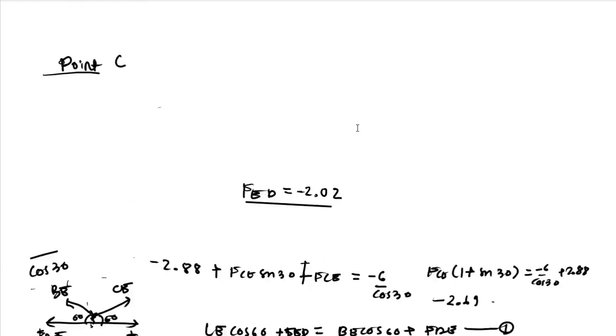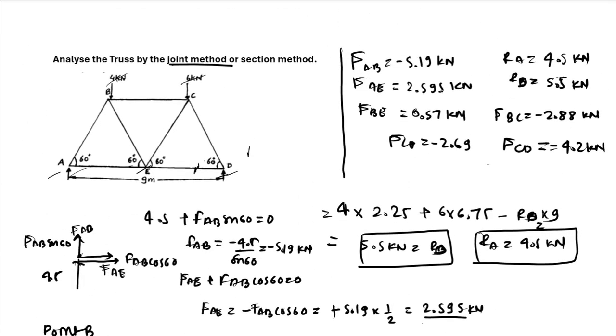FCE should be minus 0.57. And we have also calculated now FED, which was minus 2.02.